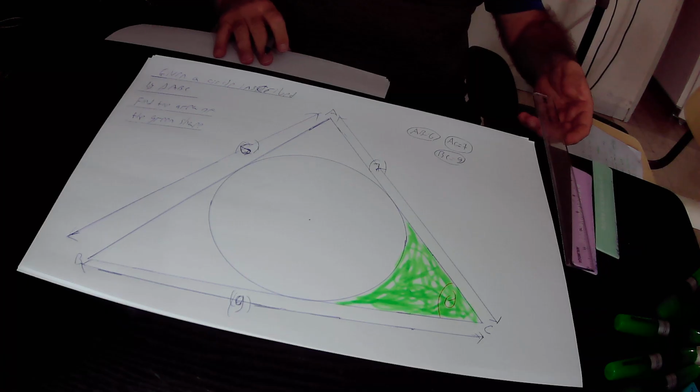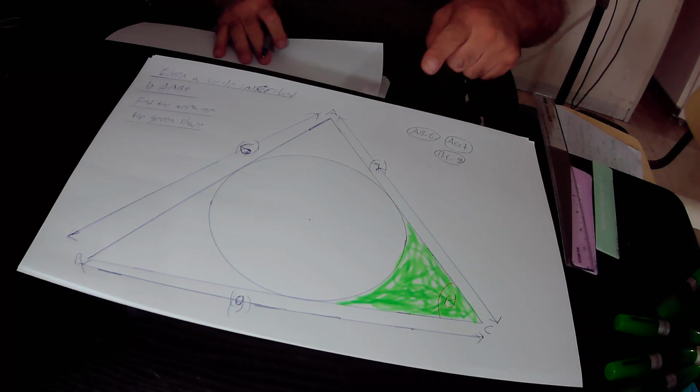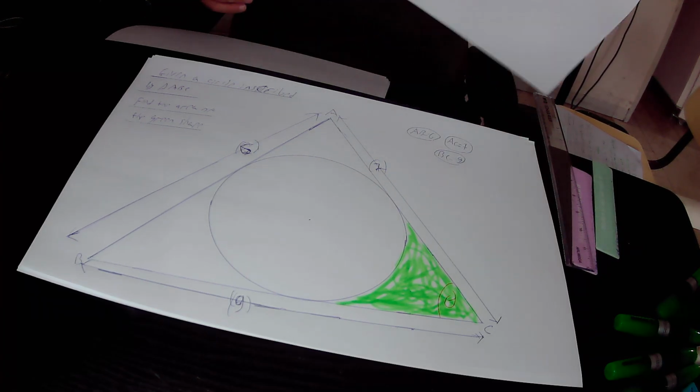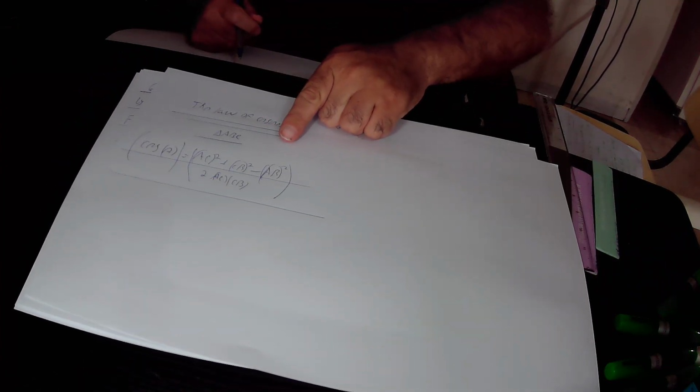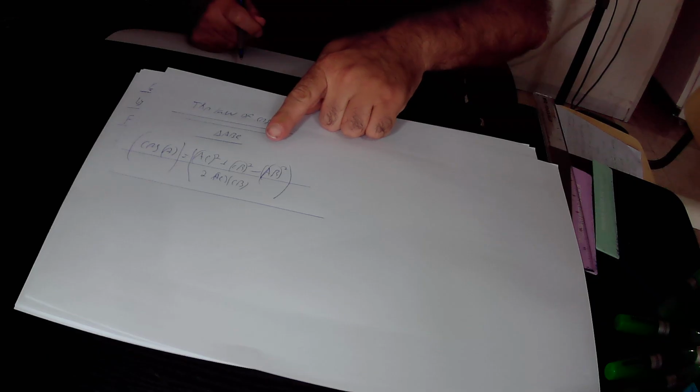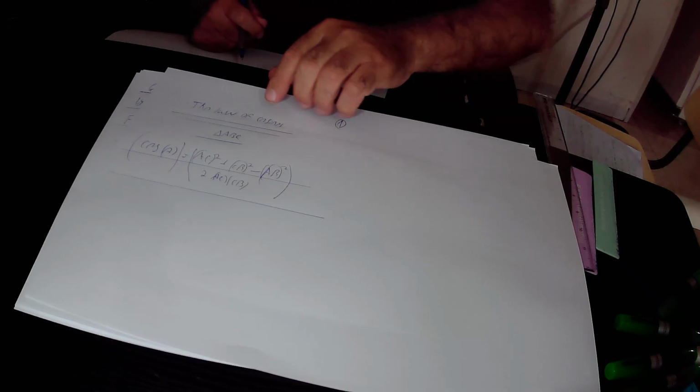Again, according to the law of cosines in this triangle ABC, cosine theta equals AC square plus CB square minus AB square over 2 times AC times CB.